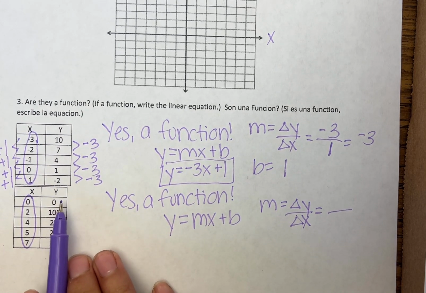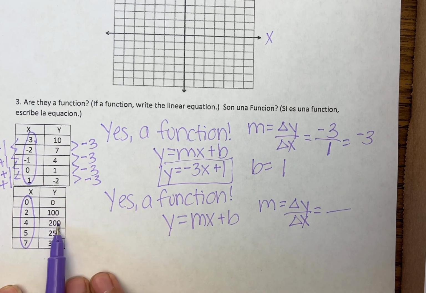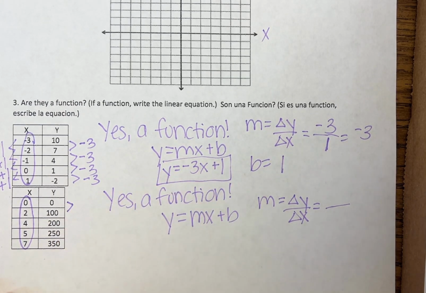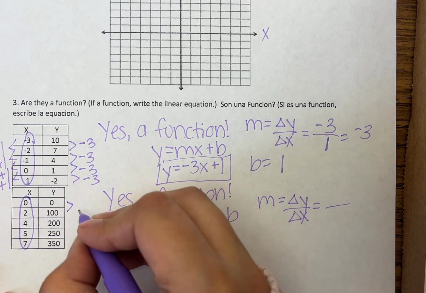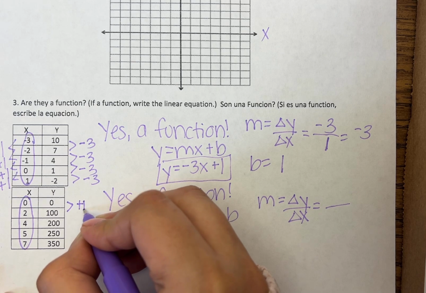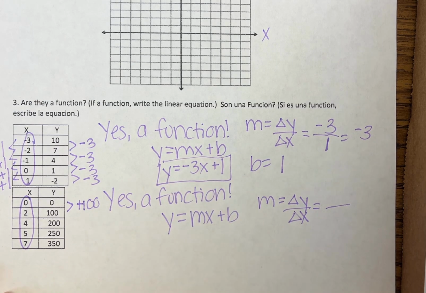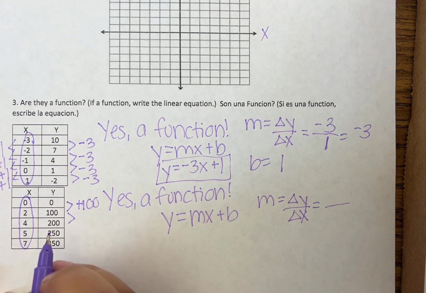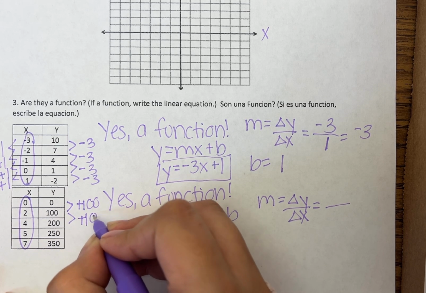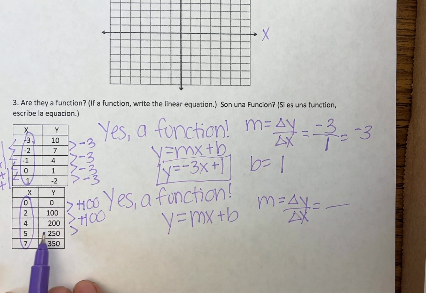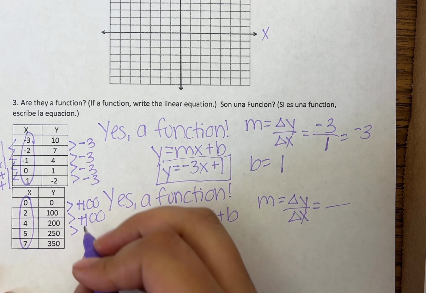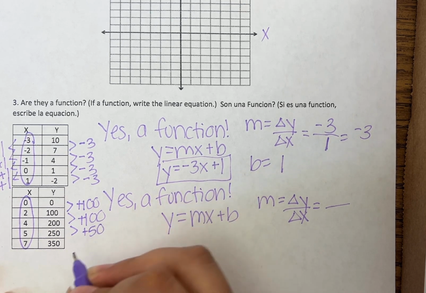On our right side, okay? So from here, we're going to see what the rate of change is for it. So from 0 to 100, de 0 a 100, it increased by 100. From 100 to 200, again, it increased by 100. From 200 to 250, it increased by 50.